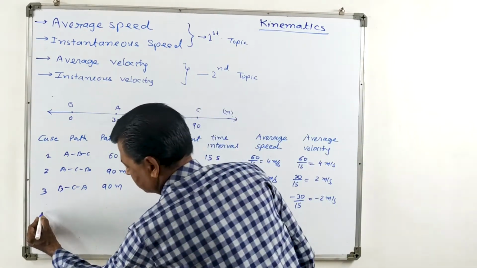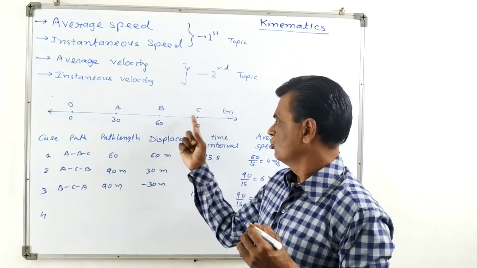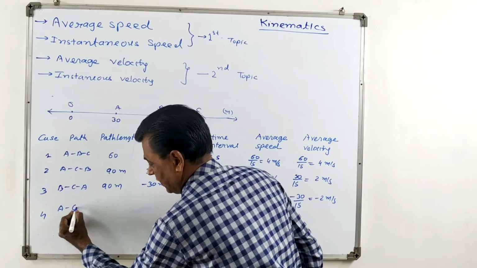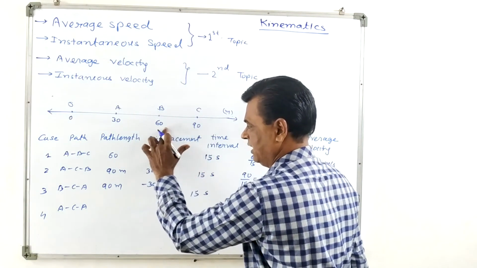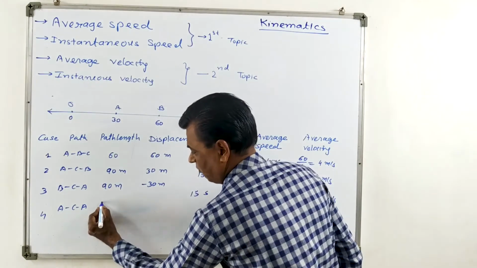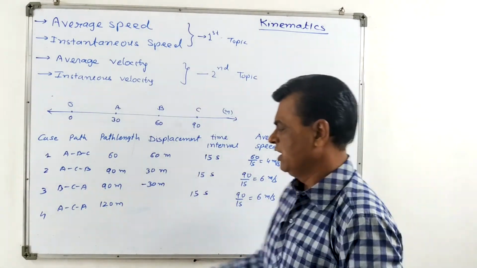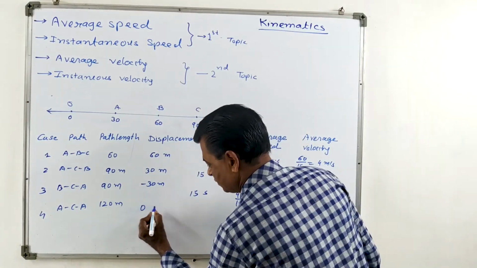Now the fourth case: suppose the car starts from point A, reaches C and comes back to A. A, C, A. So 30 plus 30, 60, plus 30, 90, plus 30, 120 meters is the path length. And for displacement, the initial position and final position are the same, so displacement is 0.